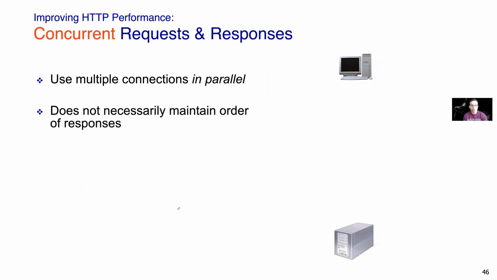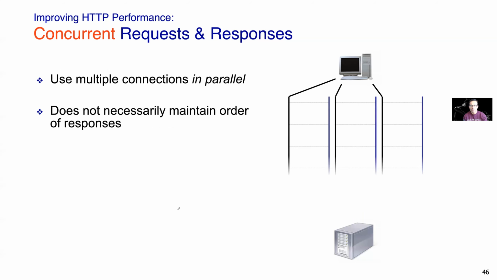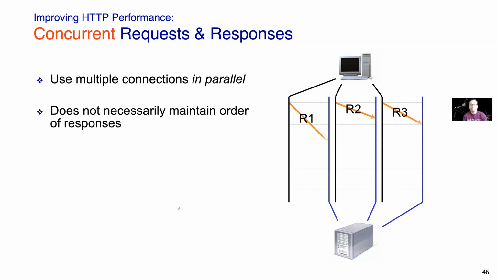Another thing you could do is send multiple requests, right? Rather than fetch objects sequentially, you could send them in parallel like that. So you could set up multiple connections rather than just one connection, and send these requests in parallel. And then you start getting the responses.